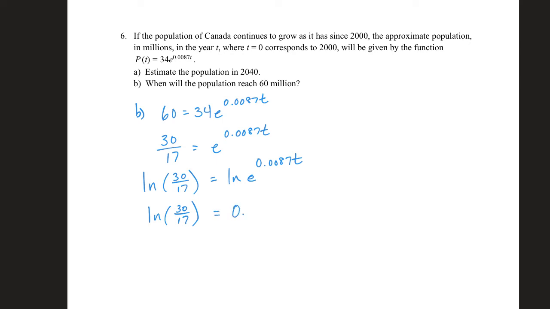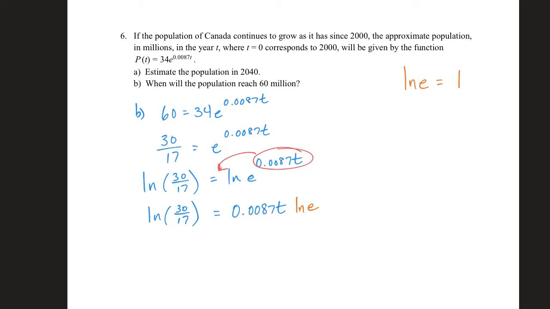However, when I now have a single power inside my log, and I can use properties of logs to bring that exponent out in front, I am left with ln E afterwards. And if we understand that ln is log base E, then we should all be good to say that we understand that that equals 1.